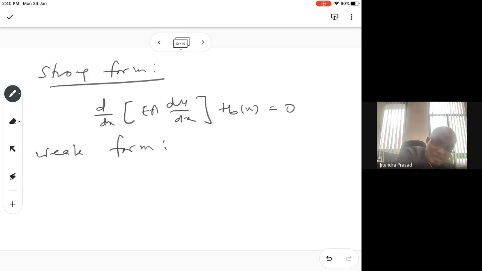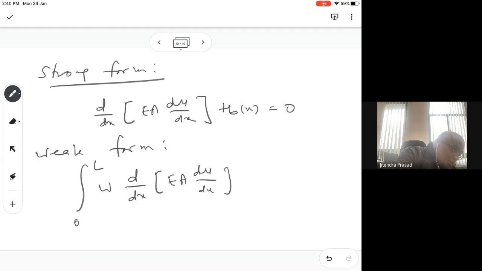You get it by integrating from 0 to L, multiplying by w, so you have the integral of w times d over dx of Ea du over dx, plus bx, dx equal to 0.